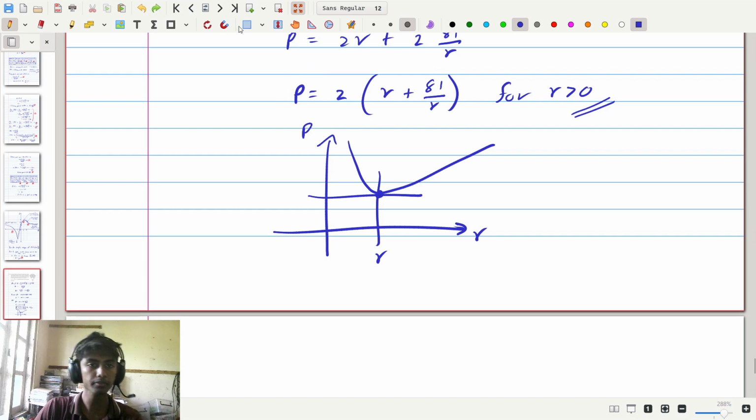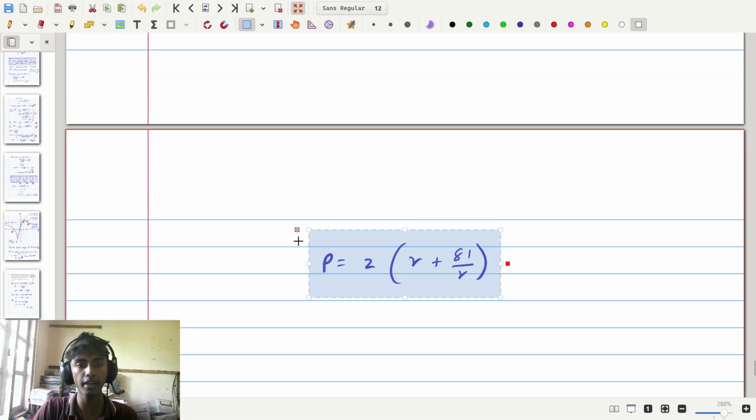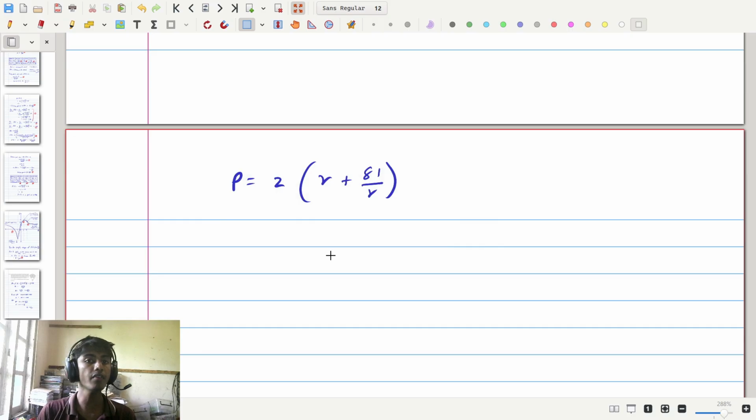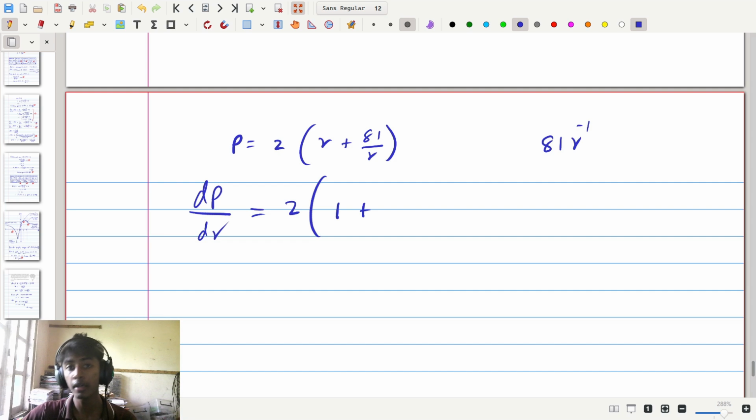So for this, we need to take this expression and find dP by dr, and then when we equate that to 0, we will get the turning point in this graph. If we consider taking dP by dr, we have a constant term of 2 which I'll keep on the outside, and on the inside we have r, whose derivative is 1, and we have 81 divided by r, which is 81 times r to the minus 1, whose derivative is minus 1 times 81 times r to the power of minus 2.